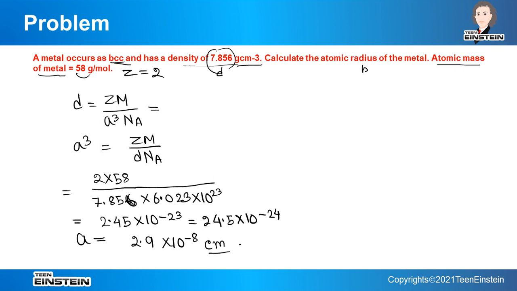Now, as this value is very small, we convert it to picometer. 1 picometer is equal to 10 to the power minus 10 centimeter, sorry, it is minus 10, not minus 8. Next we will arrange it in this way: 290 multiplied by 10 to the power minus 10 centimeter.